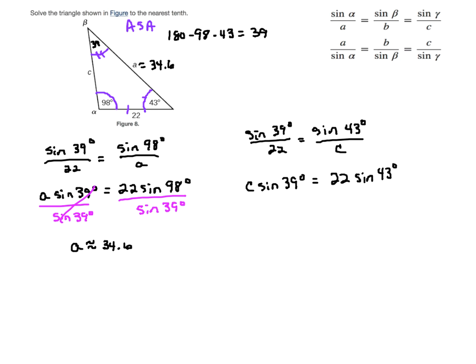I divide the sine of 39 degrees off of both sides, and when I put that into my calculator, C is approximately 23.8. So the triangle is solved. We're ready to move forward.